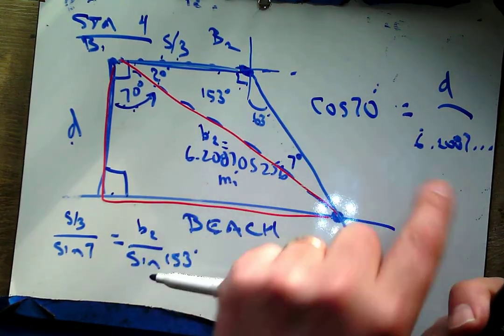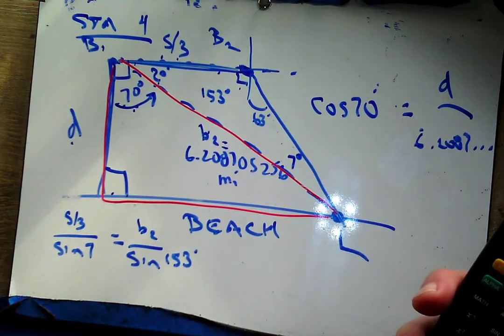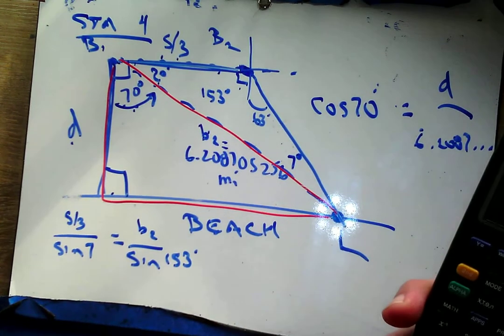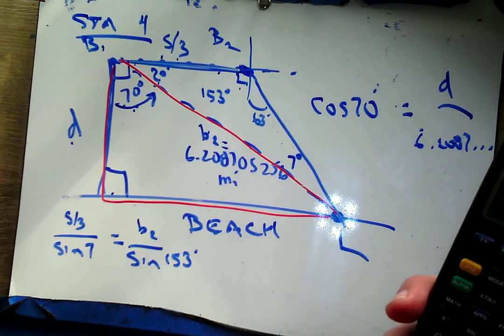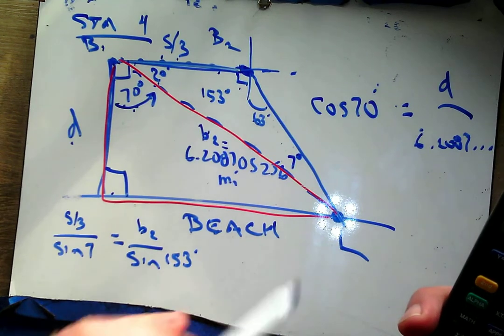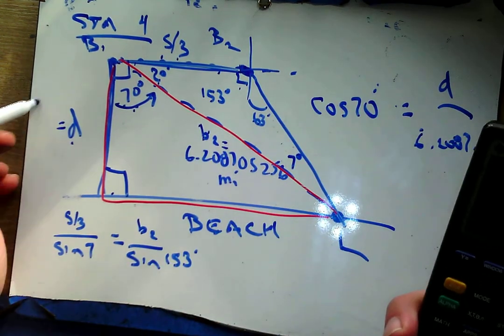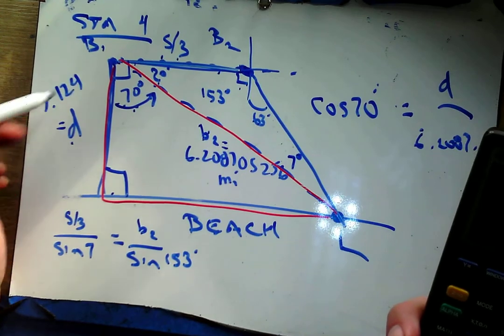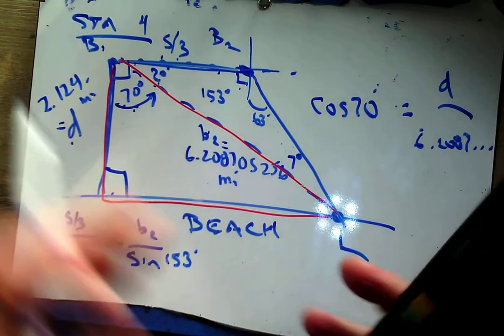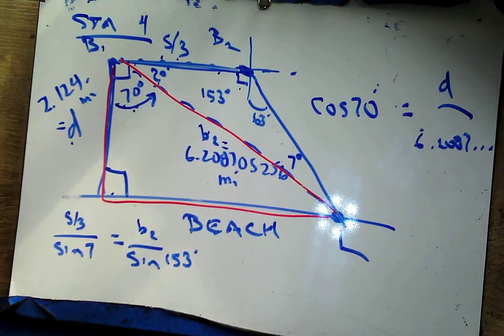So if I multiply both sides by this number, I'll figure out what d is. So I'm going to take that answer and multiply by the cosine of 70, and I end up with 2.124 miles from the beach. All right, and just checking my work. Yep, looks great.